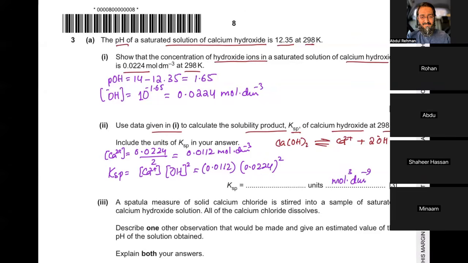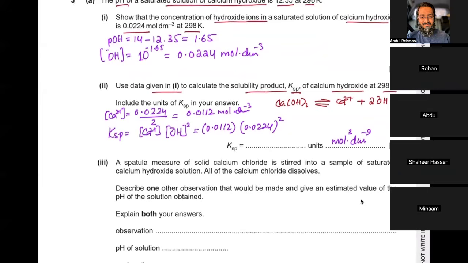Can anyone calculate the value and tell me the answer, please? Okay, thank you, Raheel. It is going to be 5.62 times 10 to the minus 6.